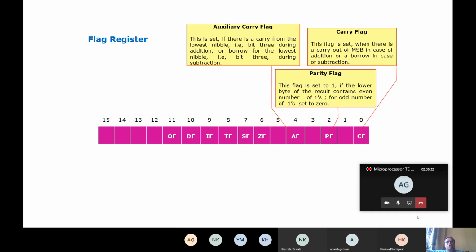So if you receive any number which has odd parity, you have to understand that this data is received with error and you should ask for retransmission. Have you understood the protocol?